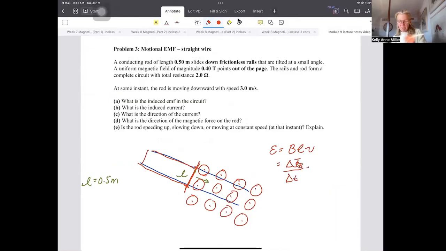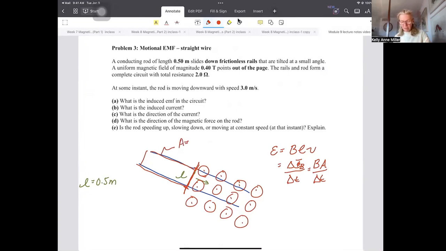It's basically the same as the problem we just did. The flux is just B times A, divided by delta t. The area is going to equal L times some incremental X.